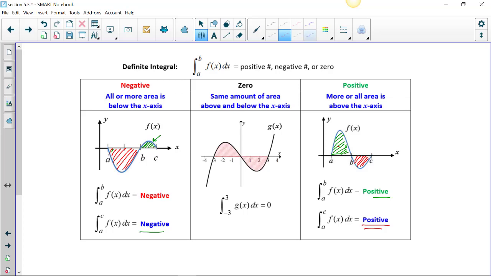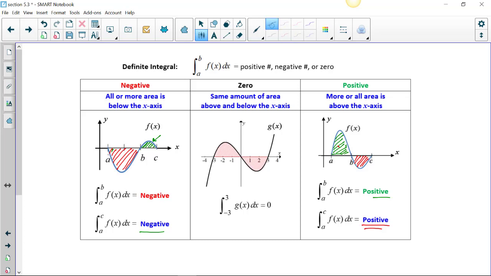Okay, so there are situations where the area above and below is the same. Here, I don't know if you can tell, but it's an odd function, which will give us the same area if we look at an interval that is symmetric about the y-axis. So if I look at this interval, the definite integral from -3 to +3 of this function is going to be 0.